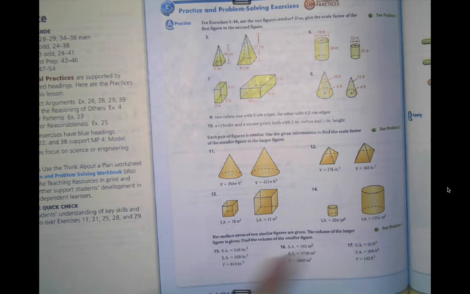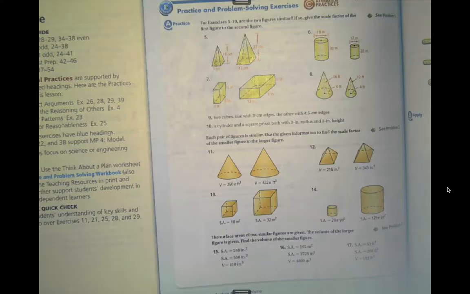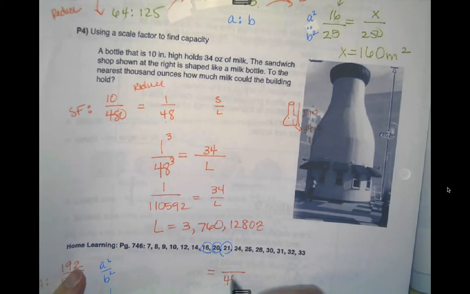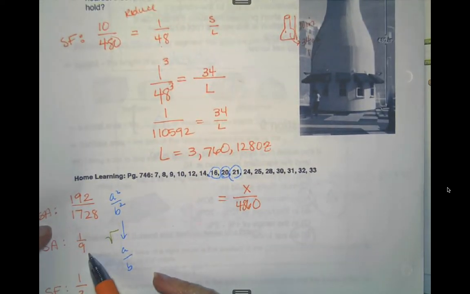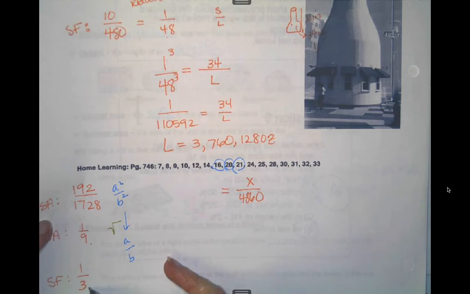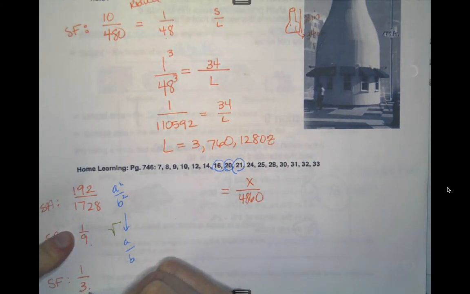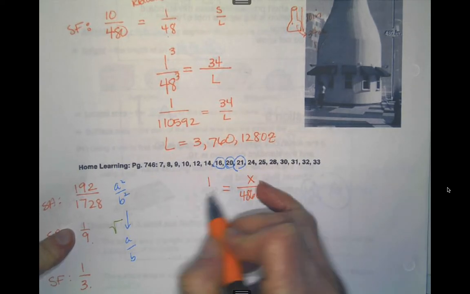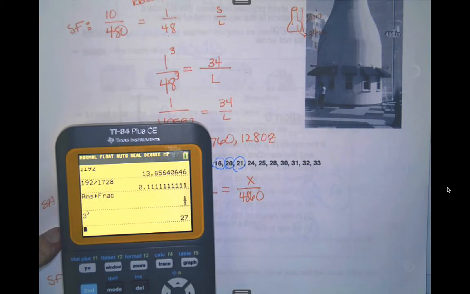And then it tells me that the volume, they gave me the volume of the larger figure. So the volume of the larger figure is 4860. I don't know the volume of the smaller figure. I can't use 1 over 9, that's the ratio of the areas. I can't use 1 over 3, that's the ratio of the sides. But I could take 1 over 3 and I could cube it. So 1 cubed would just be 1. 3 cubed is 27.